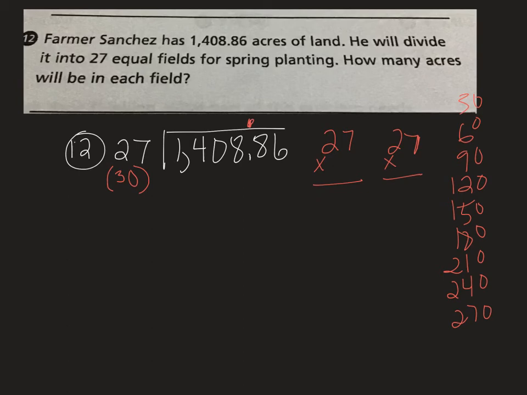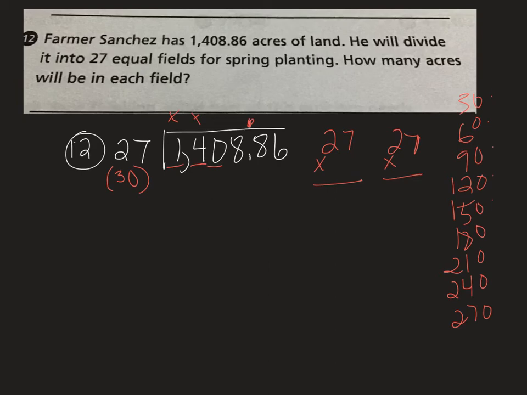Let's see what happens. Can we make any groups of 27 out of 1? Don't be silly. How about 14? Of course not. How about 140? Sure. I don't know how many. Let's use that 30 to think about it. 1, 2, 3, 4, maybe 5. Because 27 is a little less than 30, so I've got a little wiggle room there.